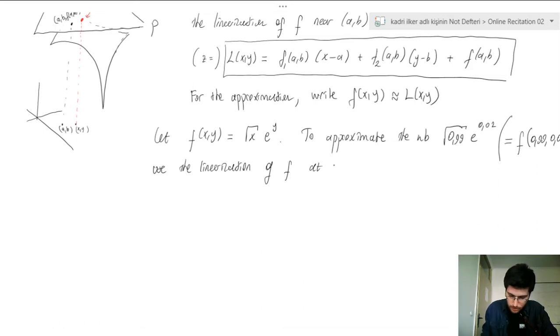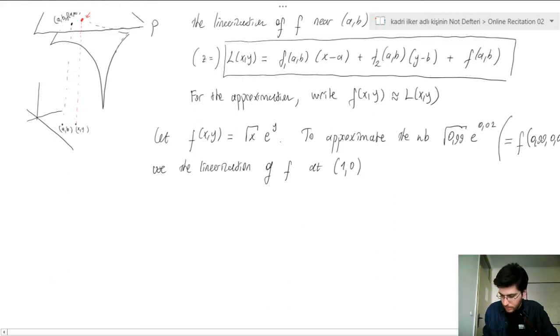The logical choice is, of course, (1, 0), because 1 is close enough to 0.99 and 0 is close enough to 0.02. Therefore we choose our center, if you like. This is the point (a, b) in the definition of L(x), the linearization. And now we are going to construct this.